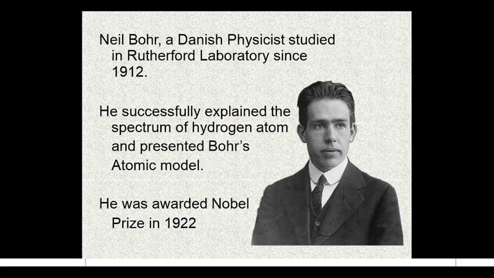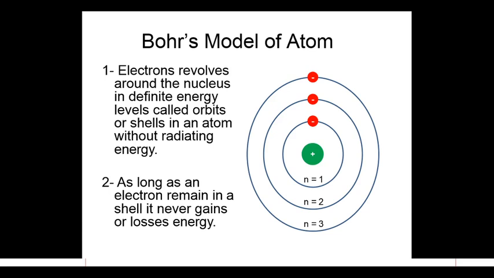According to him, in 1913, he explained that an atom is like a planetary system with the electrons revolving around the nucleus like planets revolving around the sun. So let's see what the Bohr model of atom is.